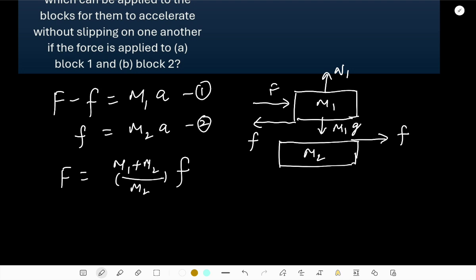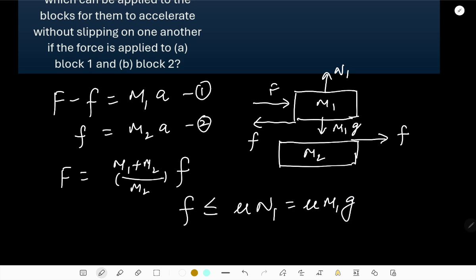So theoretically f should be less than or equal to mu N, the normal force acting between them, in this case N1. The value of N1 is simply m1g, so mu N1 becomes mu m1g.